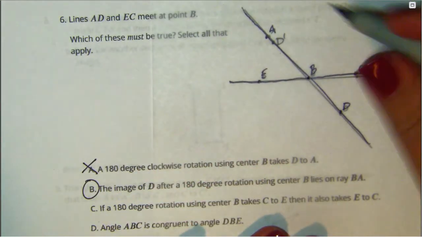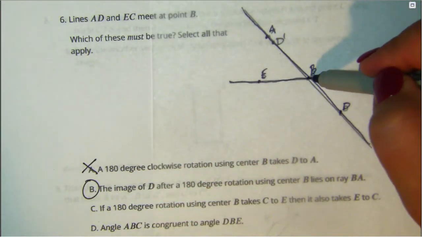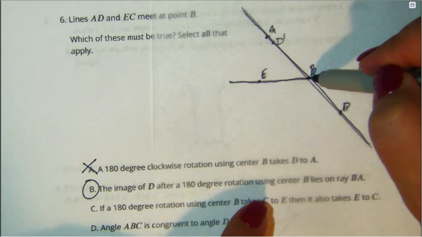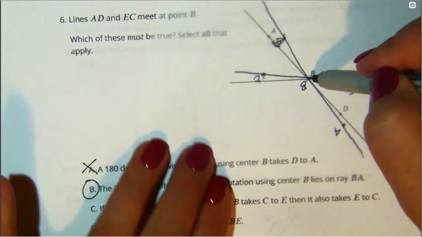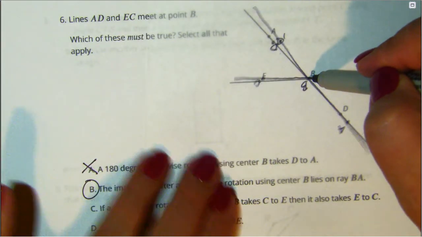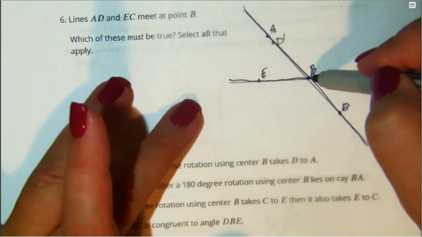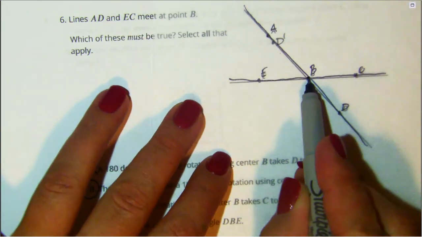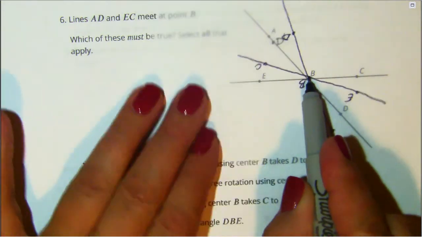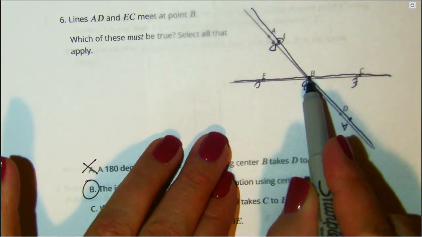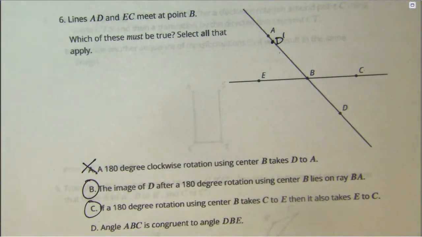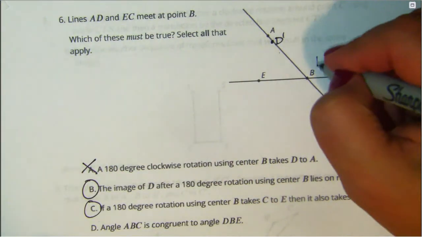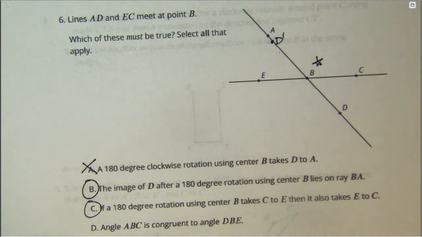If a 180-degree rotation using center B takes C to E, so I go 90, 180, yep. Would it also take, look at the other side. Yep, E landed on C and C landed on E. Yes. Angle ABC, that's this one, is congruent to DBE.